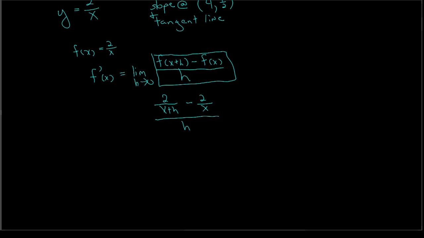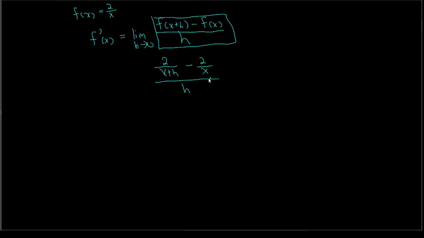Now, because we have a compound fraction, what we'd like to do is get the same denominator, and then we can play with how this looks. So we notice this has x, and this has x plus h. So we want to multiply this side by x over x.